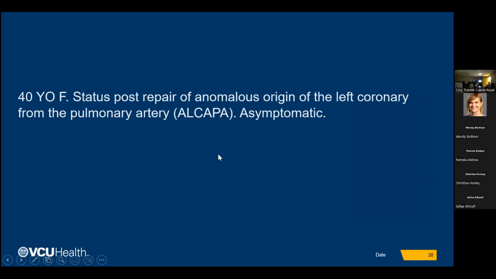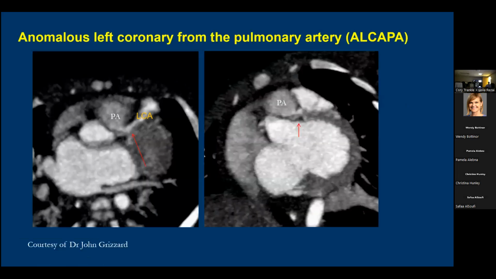Another case of iatrogenic stenosis, a 40-year-old lady, and she had an anomalous origin of left coronary from pulmonary artery, also known as ALCAPA, and she was asymptomatic, came to VCU to establish care from an outside facility, and denied having any problems. As per notes in the chart, she exercises, no shortness of breath.